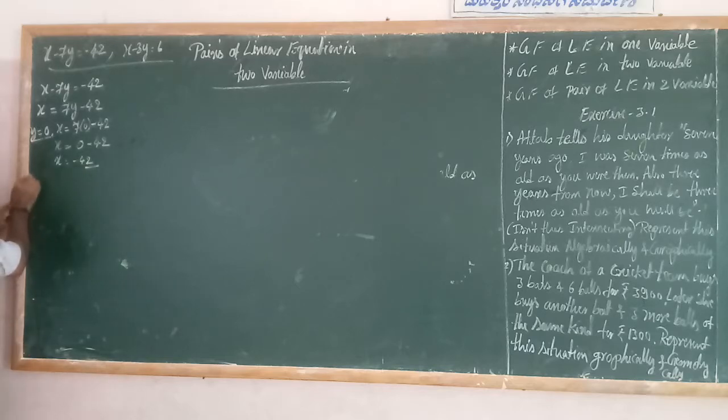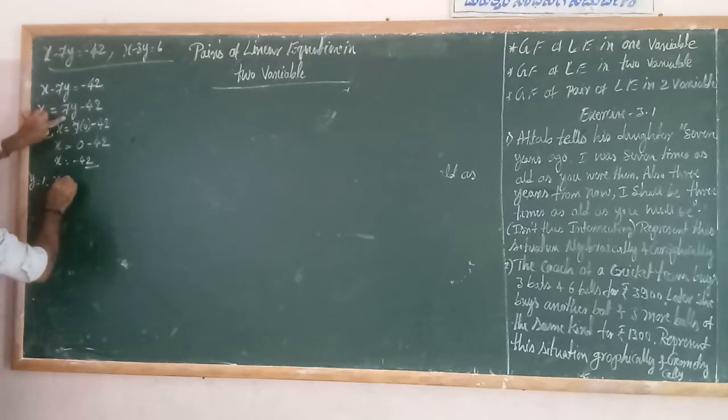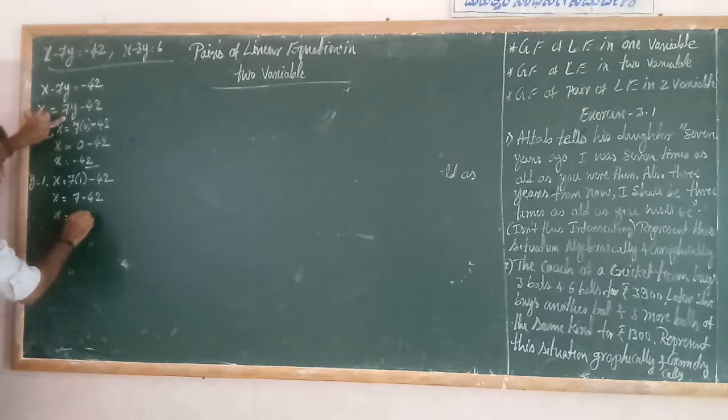Like that, y is equal to 1 you should give it. Now x is equal to, with this equation only, 7 into 1 minus 42, so x is equal to 7 minus 42. So it becomes x is equal to minus 35. 42 minus 7 is 35. When y is equal to 1, x is equal to minus 35.